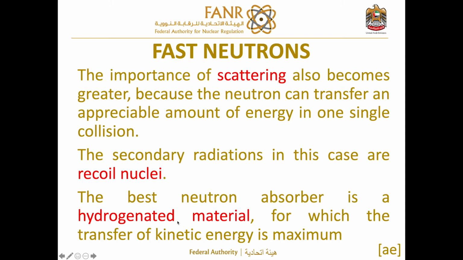Therefore, choosing a hydrogenated material means enhancing the probability to reduce the energy and speed of neutrons. And normally, absorbers and moderators are composed mainly of hydrogenated materials, paraffins, waters, very light materials.